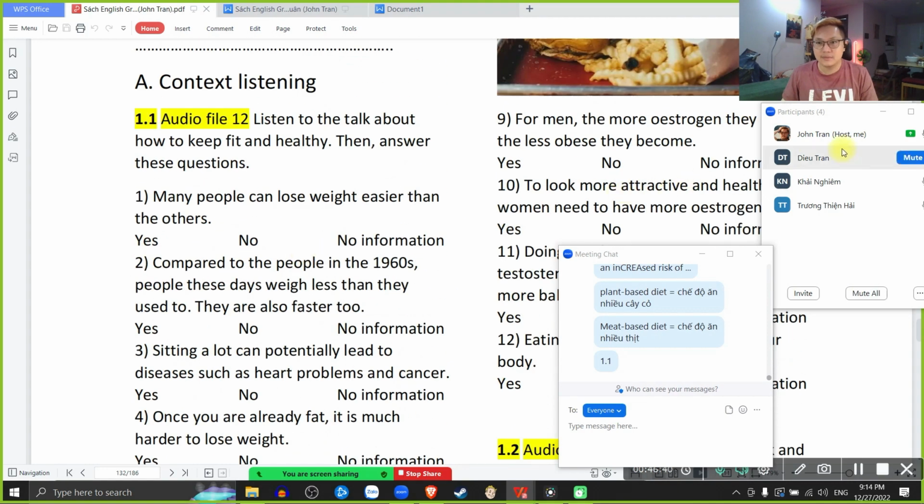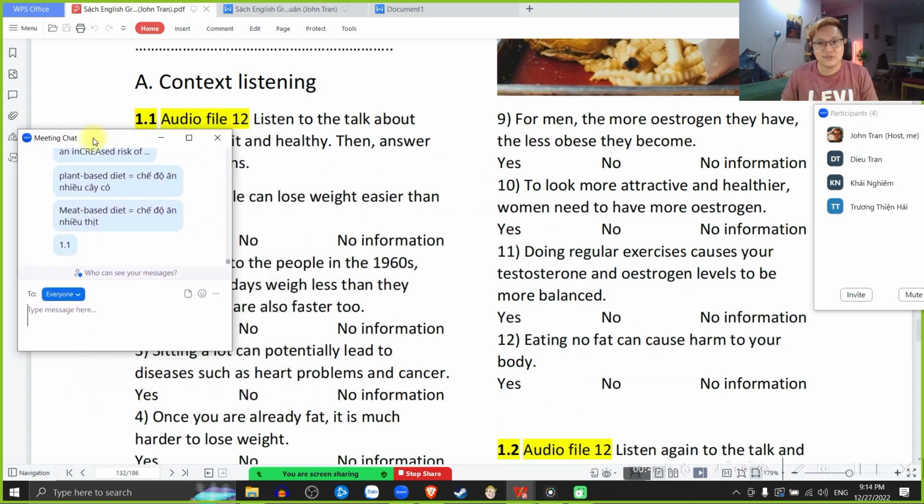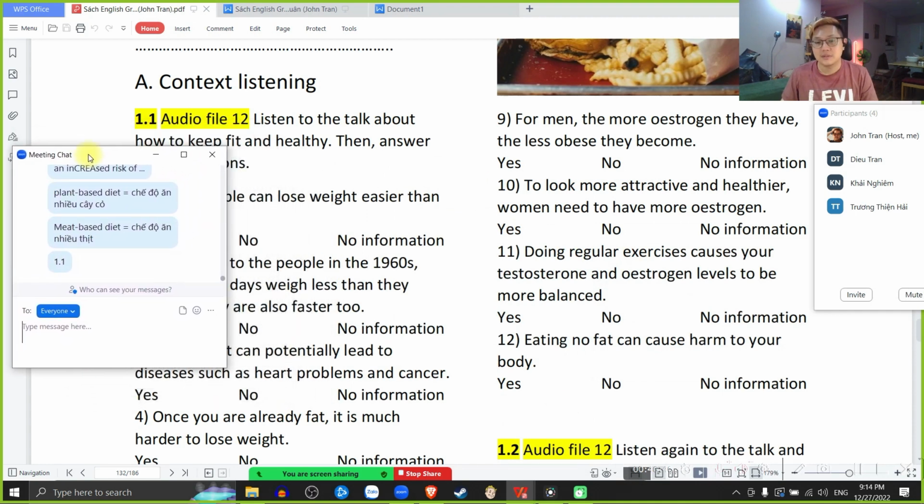Number 9. For men, the more estrogen they have, the less obese they become. Đối với đàn ông, họ càng có nhiều estrogen thì họ càng ít bị béo phì hơn. How about this one? No. No information. Cái câu này nó ngược lại hoàn toàn cái thông tin trong cái bài luôn.